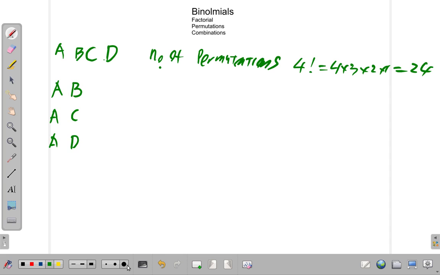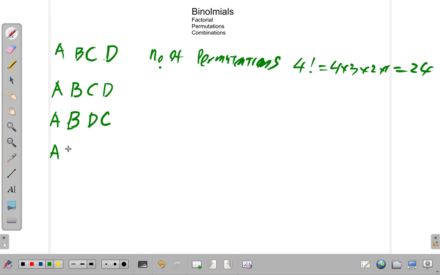Let me put some space between these. We could have AB, then C and D. So that's one permutation. We could have AB and then DC. That's the other. Now, we start with A and we have B next. There is nothing more that we can write starting with A and B because we've run out of letters.